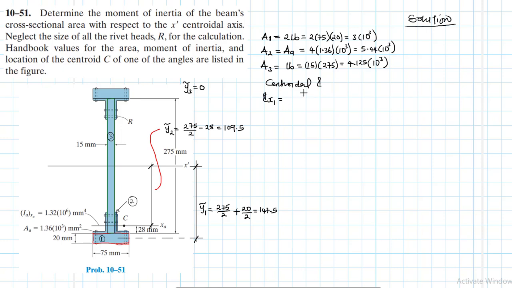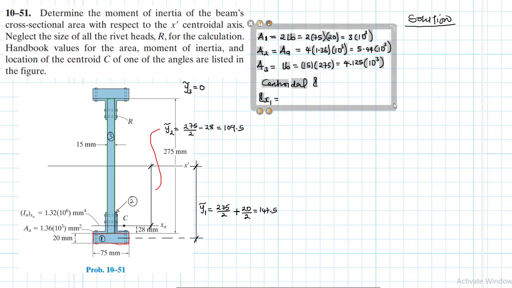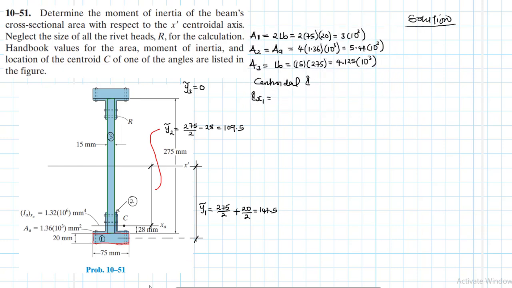Ix1 is equal to, what is it? What is our moment of inertia? Let me just move this a little bit behind, like so. Okay, so I1 is the flange, which is just a rectangle, and there are 2 of them, so I'll say 2 times BH cubed divided by 12.